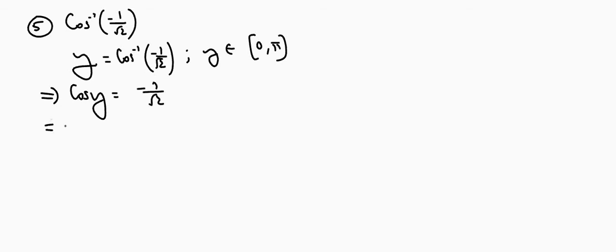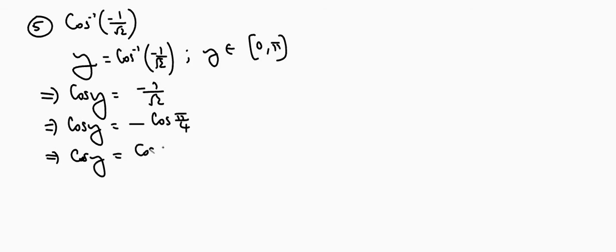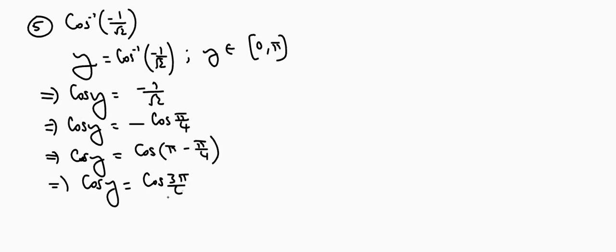The next step is cos y equals minus cos pi by 4, that is cos 45. Minus cos theta we can write as cos of 180 minus theta, that is pi minus pi by 4. We get cos y equals cos 3 pi by 4. That implies y equals 3 pi by 4, which is an element of the closed interval 0 to pi.